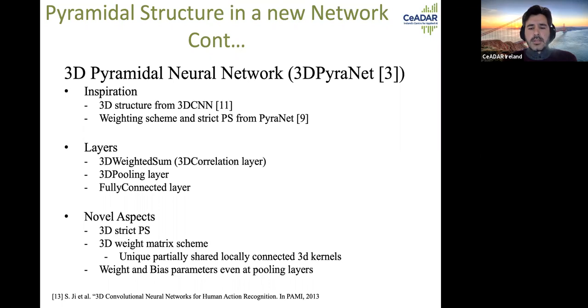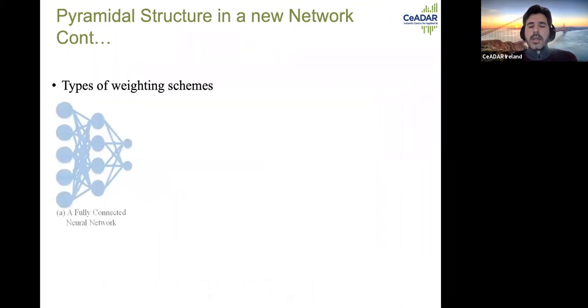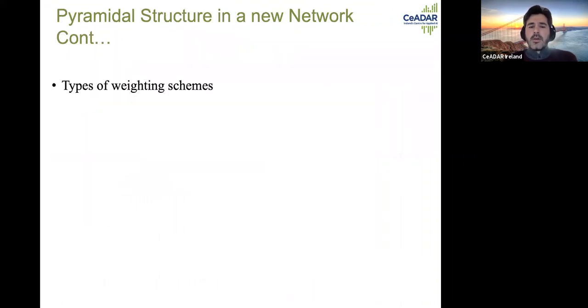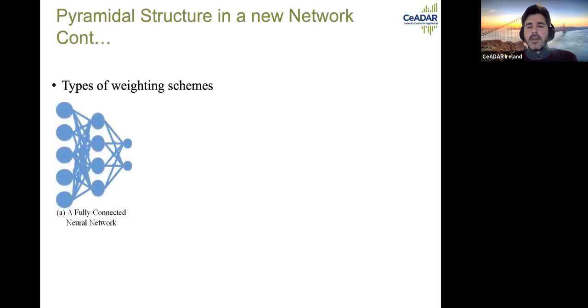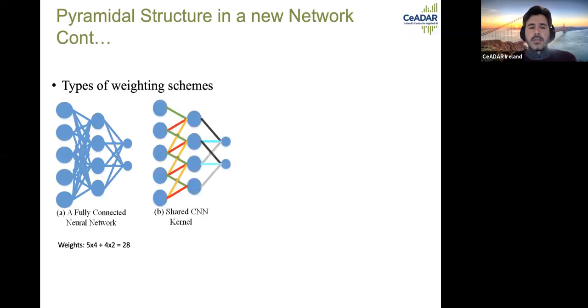I will show in the next slide how these are different from traditional 2D or 3D convolution. And we have a weight and bias parameter even at the pooling layer, unlike the traditional convolutional neural network. Even then, despite having parameters in the pooling layer, we still have fewer parameters than the traditional model.